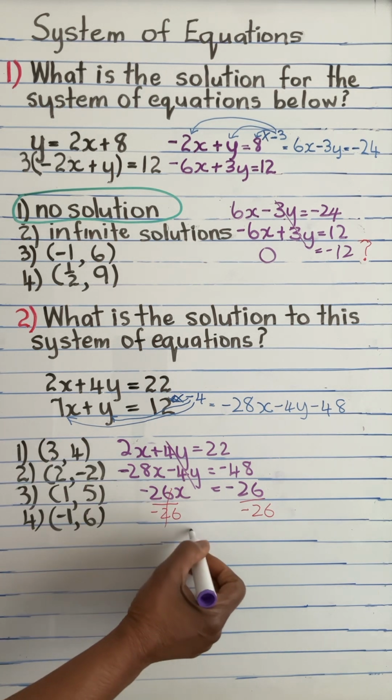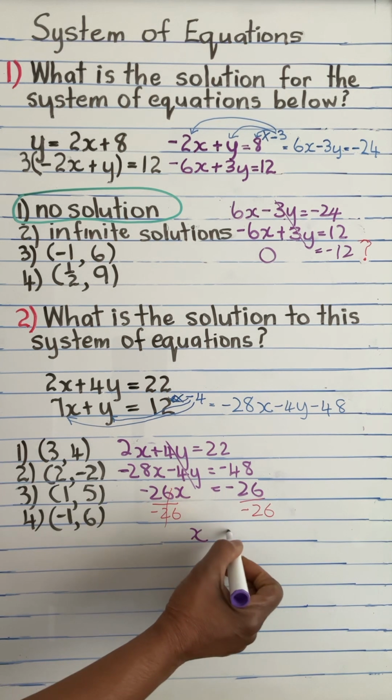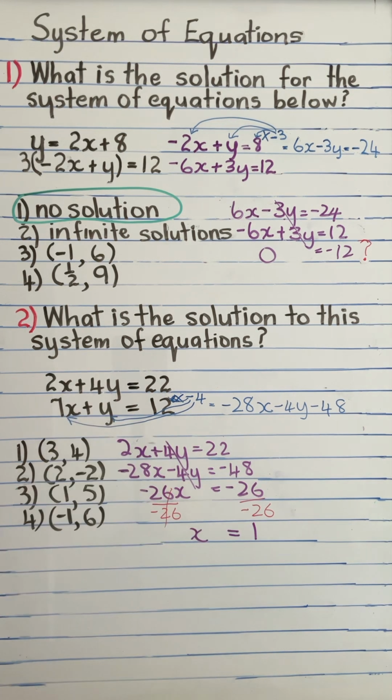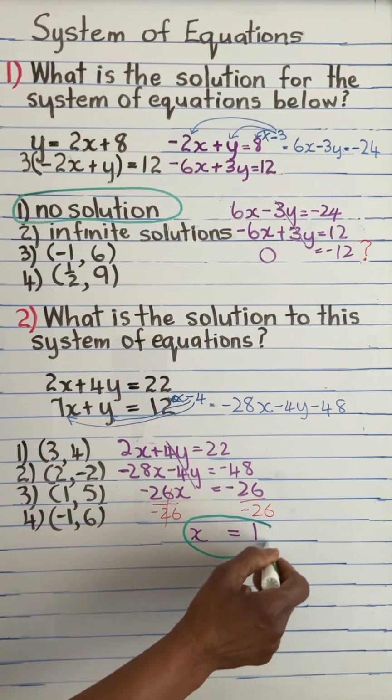We're left with x on this side, and negative 26 divided by negative 26 is equal to 1. So x is equal to 1. The solution for x is 1.